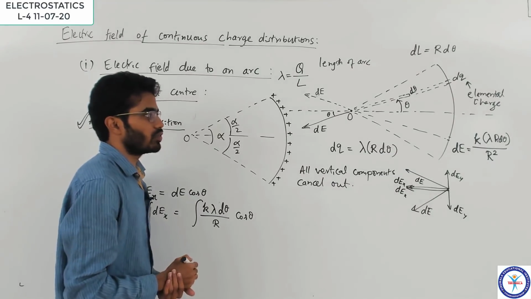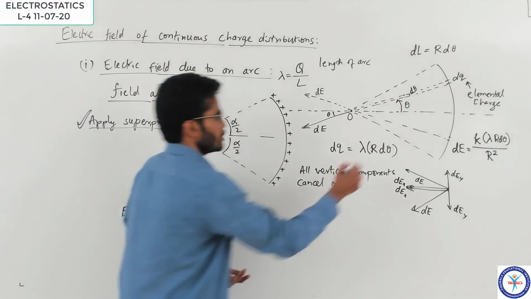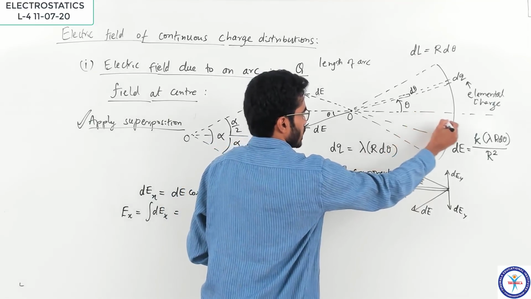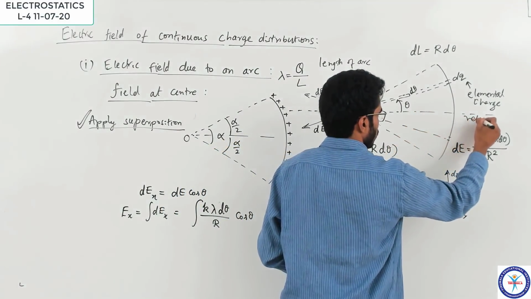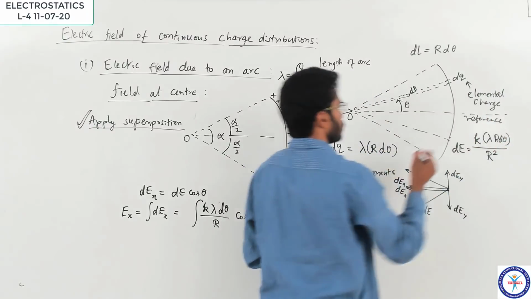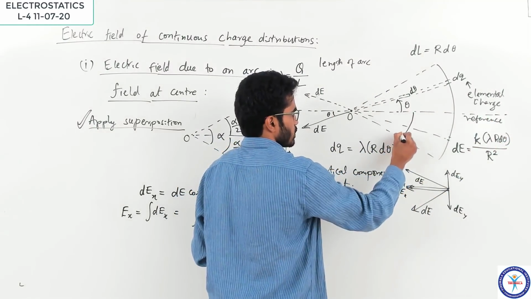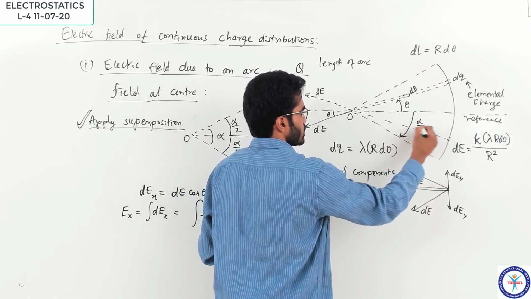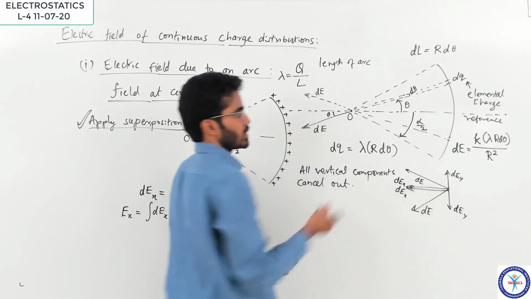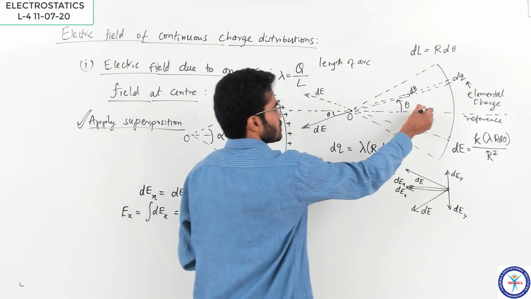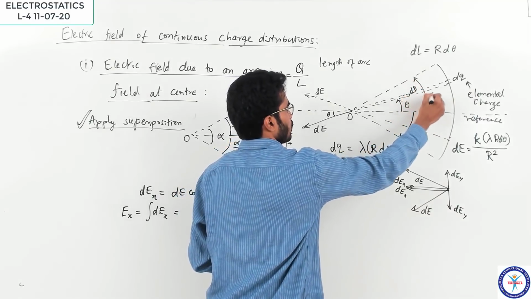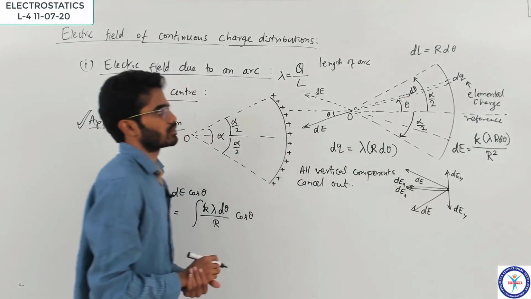So how do you vary the angle? Right. So from the reference line, this is the reference line. Remember, from the reference line, you have to properly take the angles. This angle is measured as minus alpha by 2. It is clockwise. And this angle is measured as alpha by 2, positive.